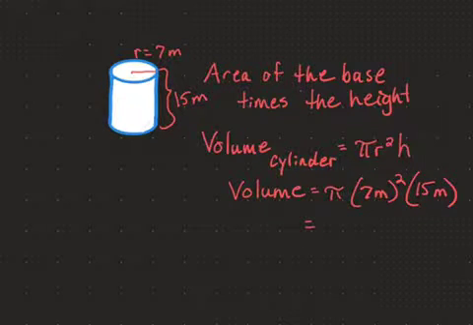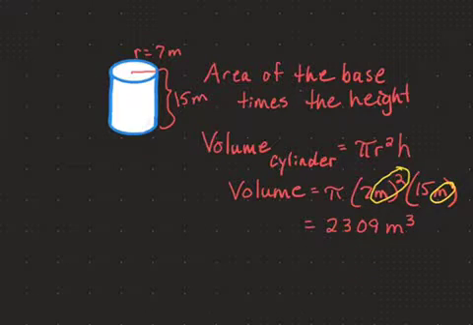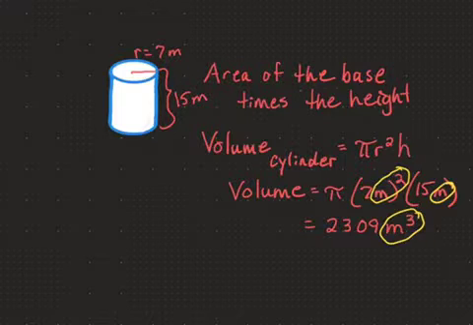You can put that right into your calculator using the pi button and get 2,309 meters cubed. Now notice we have meters squared within our formula, times another meter, so we have meters cubed, or meters to the third power. Volume should always be expressed with a cubed unit, or a unit to the third power.